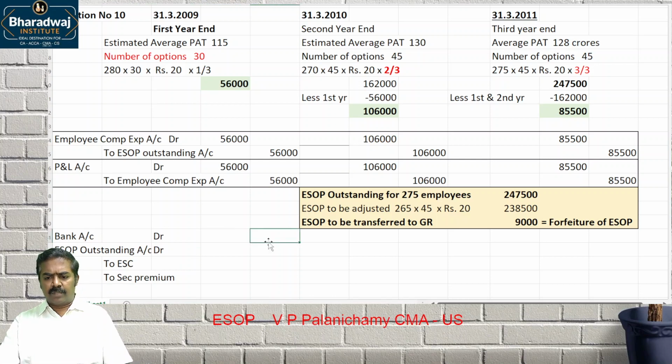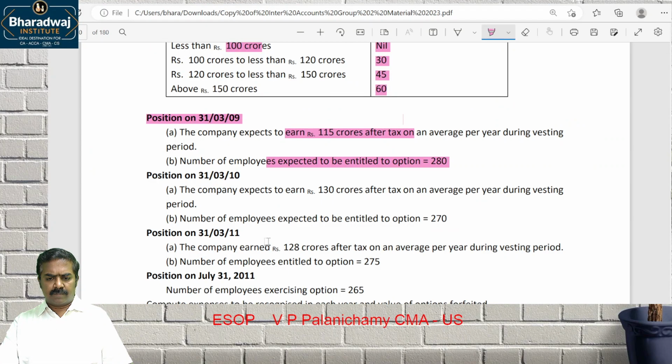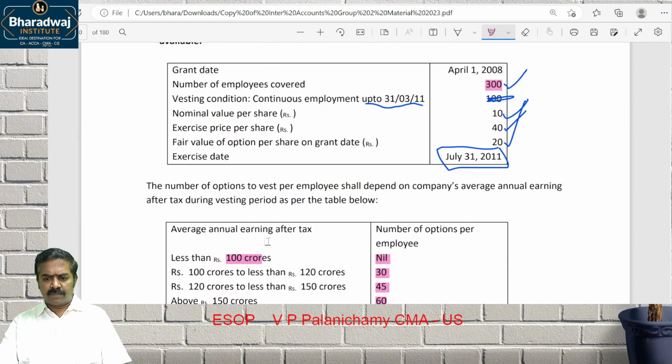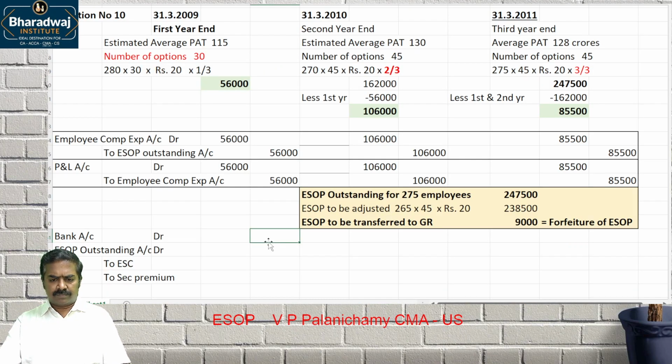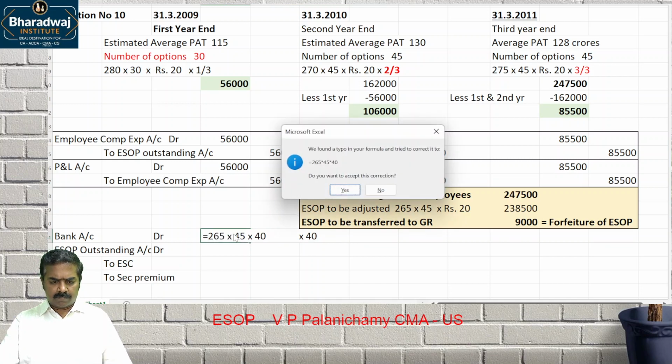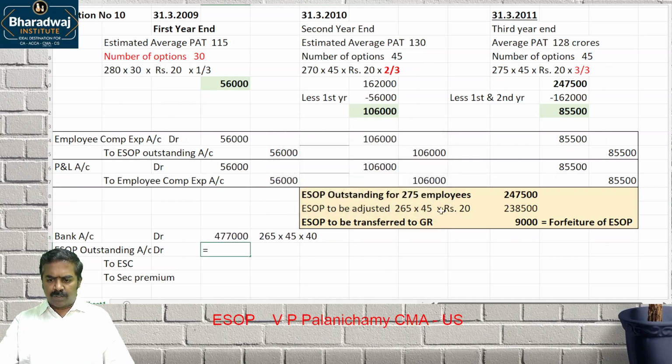Bank account debit, how much will you collect? Exercise price, how much is given? 40. 265 employees into 20 options into 40. 45 into 40. ESOP outstanding account debit will be this much.